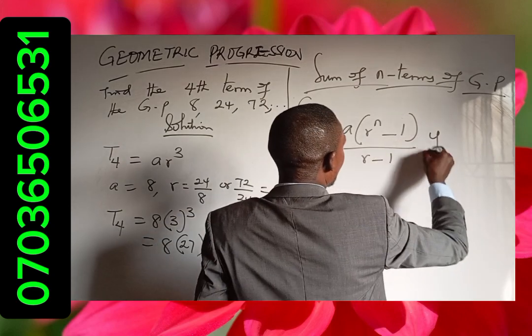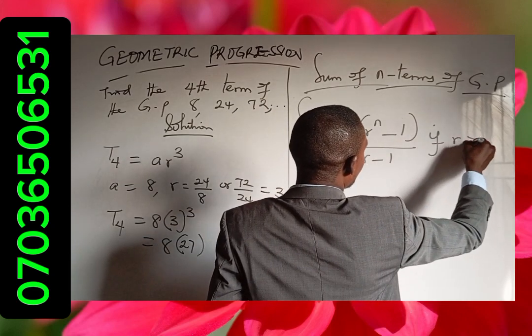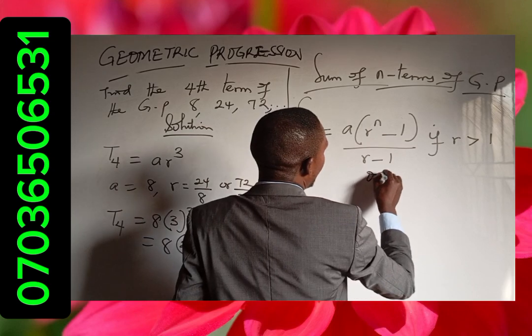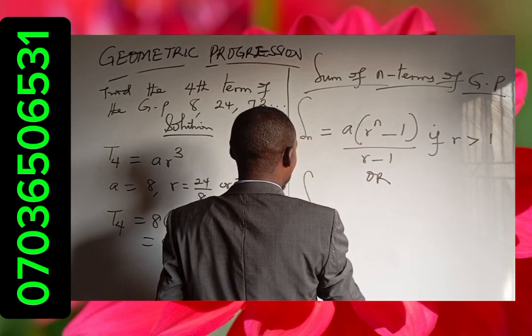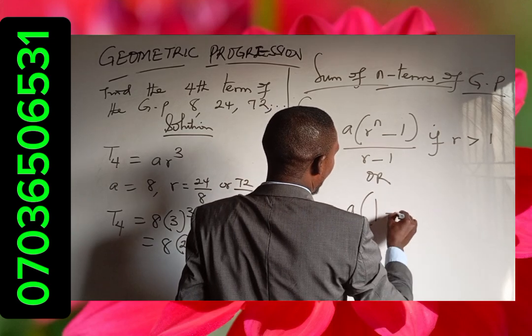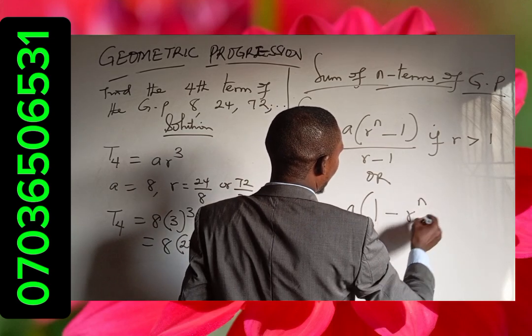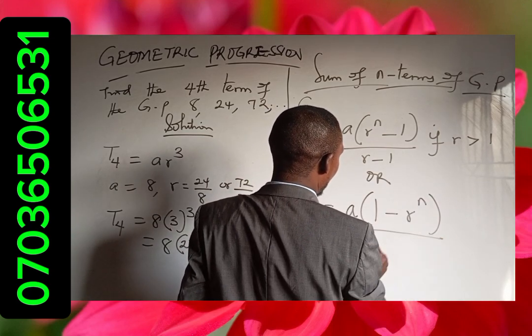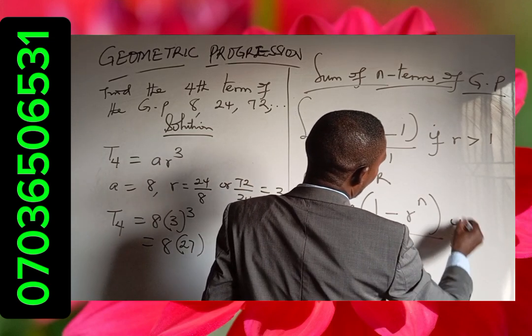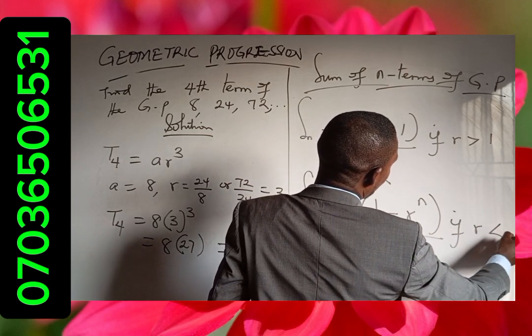This formula will hold if R is greater than 1, or S subscript n equals A into 1 minus R raised to power n, everything divided by 1 minus R, if R is less than 1.